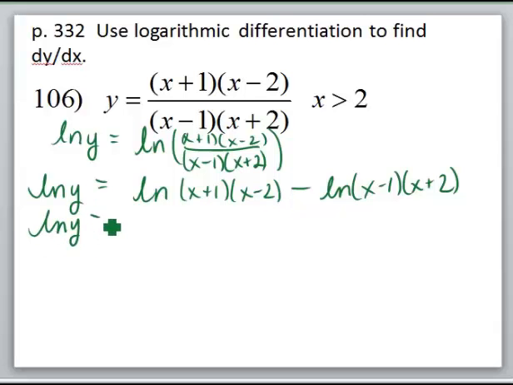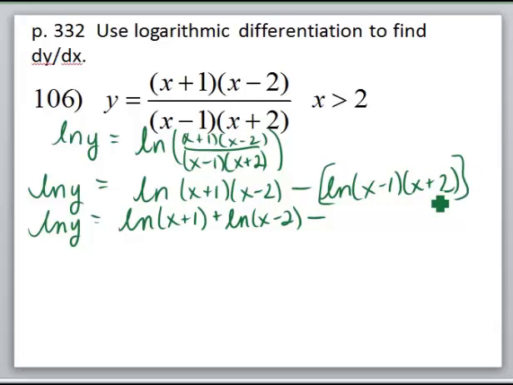I have to be careful here when I go to do the second one. This is minus this whole bit. So I actually need to make sure that I'm subtracting this ln of x minus 1. And I either need to keep these parentheses here, so I've got plus the ln of x plus 2, or I need to go ahead and distribute that negative through right now. I'll just go ahead and leave it like that for right now.